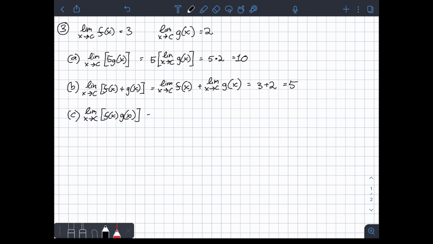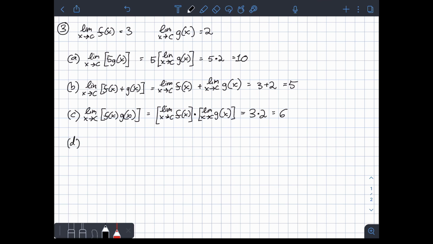And so this is going to be equal to limit as x approaches c of f of x times limit as x approaches c of g of x. And again, we were given those two values, it's 3 and 2, and so that's equal to 6.